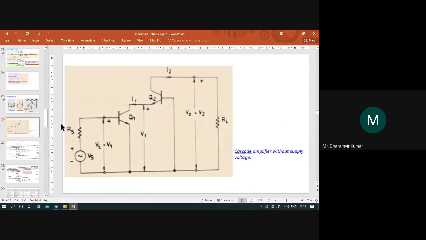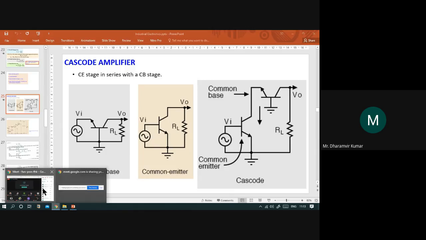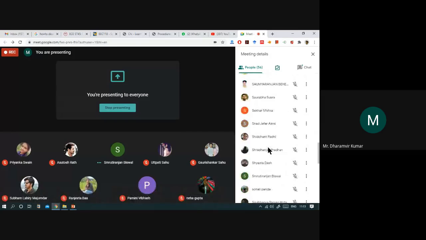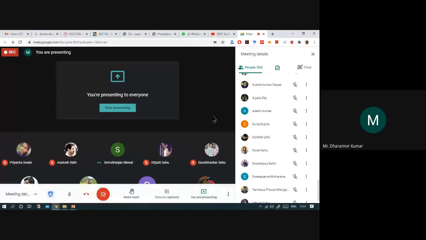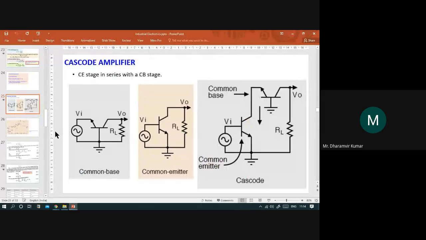Should I continue this, or in the next class should I start this? What do you think, friends? I am asking you. Sir, next class. Pavani, next class. Yes, other students. Next class, sir. Okay, I will take this in the next class. I will continue from here, the cascade amplifier.